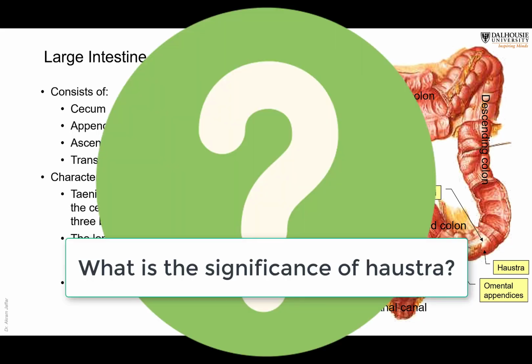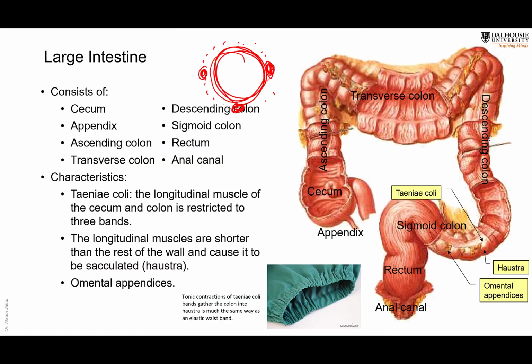Yeah. What's the significance of the colon bunching up like that? The significance is that there is mixing, there is more absorption of water, because the main function of the large intestine is absorption of water. So the contents will take a longer time to move from one place to another.